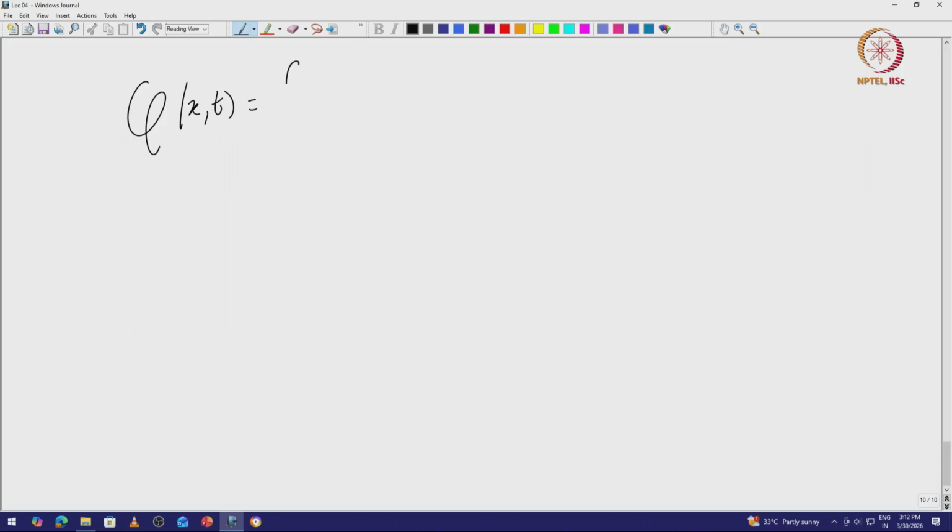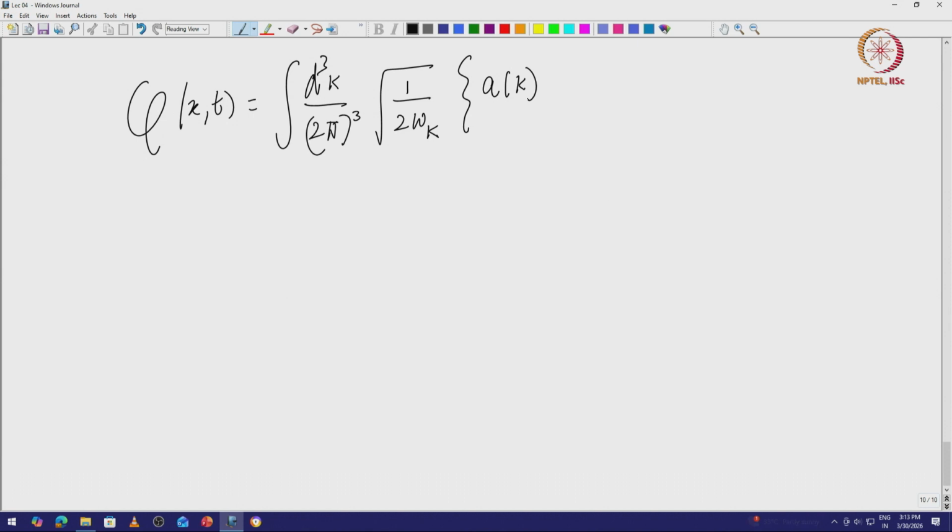This is the most important relation: the integral d cube k, cube root of 1 by 2 omega k, A of k e power i k dot x minus omega k t, plus A dagger of k e power minus i k bar dot x bar minus omega k t.